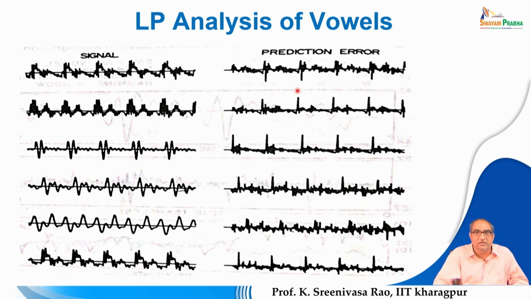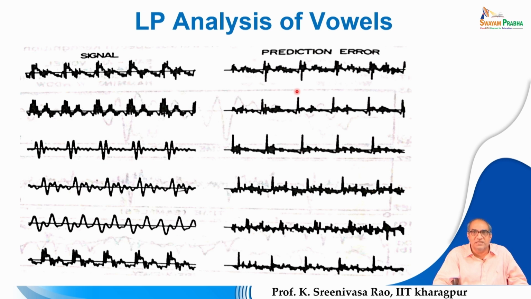This error, as we have seen for both linear prediction for the purpose of synthesis of speech and linear prediction for the purpose of analysis, shows that the analysis model and synthesis model are reciprocal to each other. In the synthesis model, the system transfer function is 1 over A of Z, an all-pole system, whereas in the analysis model the system transfer function is simply A of Z, an all-zero system.